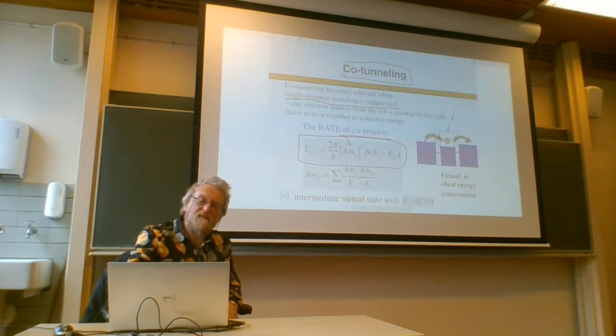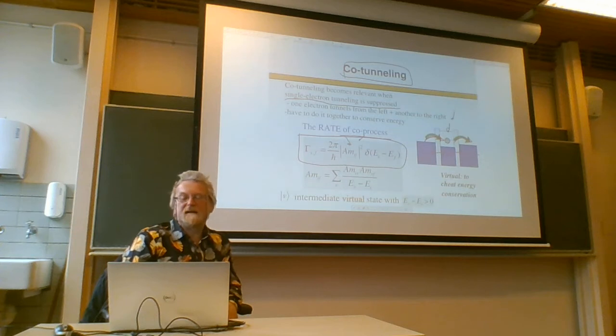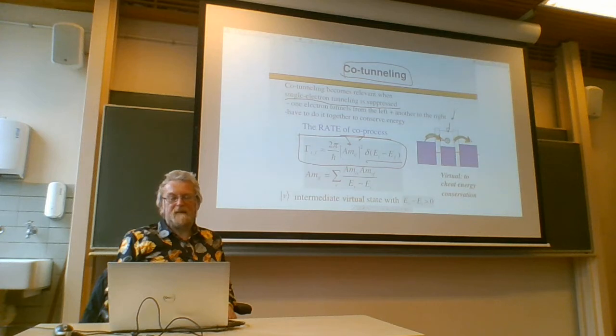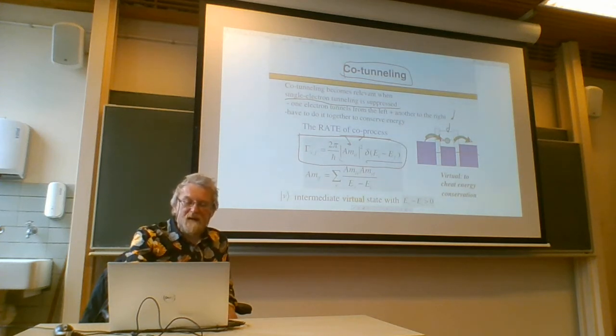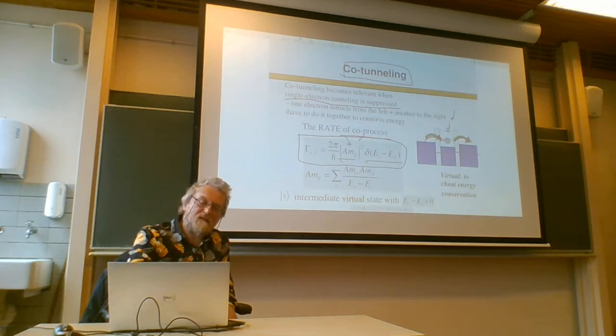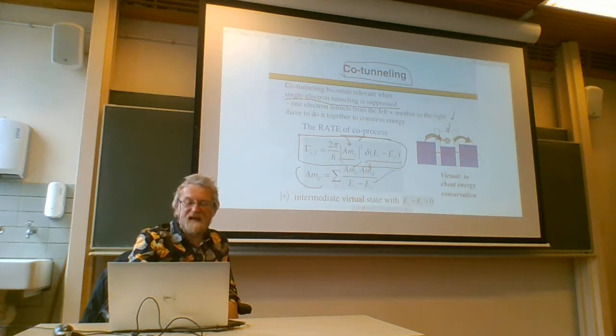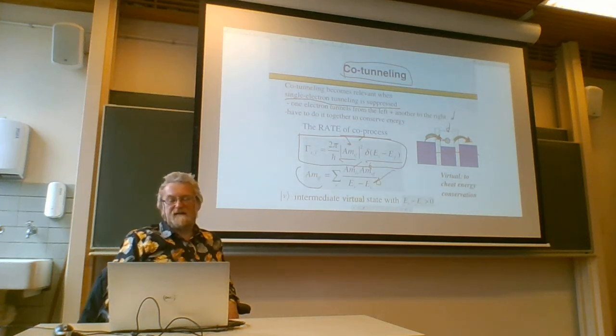The amplitude squared, matrix element squared, and okay, that guarantees that the energies of initial and final states are the same. The amplitude of this complex process is made from amplitudes of partial processes, electron tunnelings, and it also involves the energy difference between these two states.